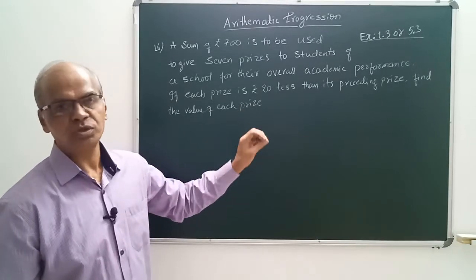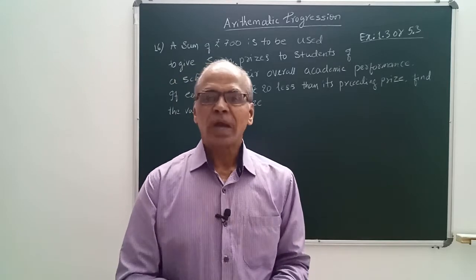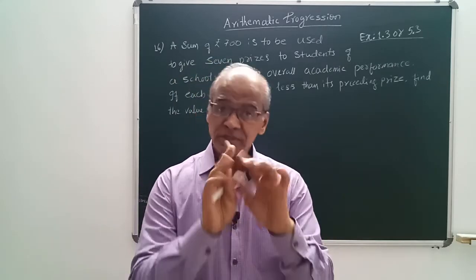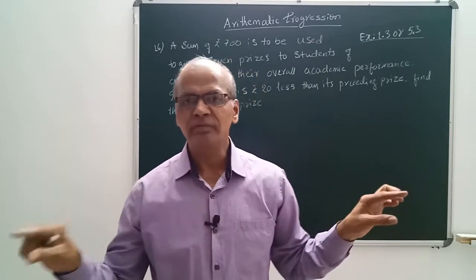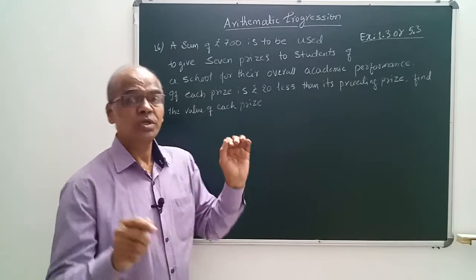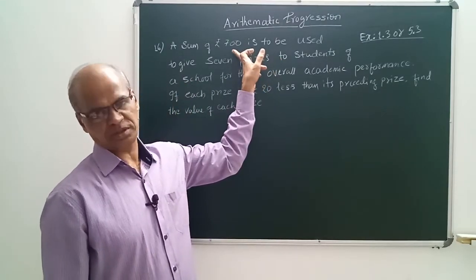The understanding of the question is, there are some students in some school, and the management has decided to distribute prizes to 7 students observing their complete academic year performance, right? The budget fixed is 700 rupees.